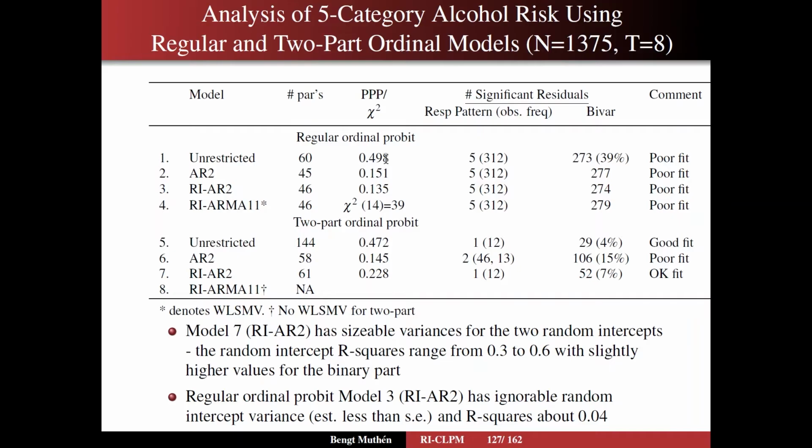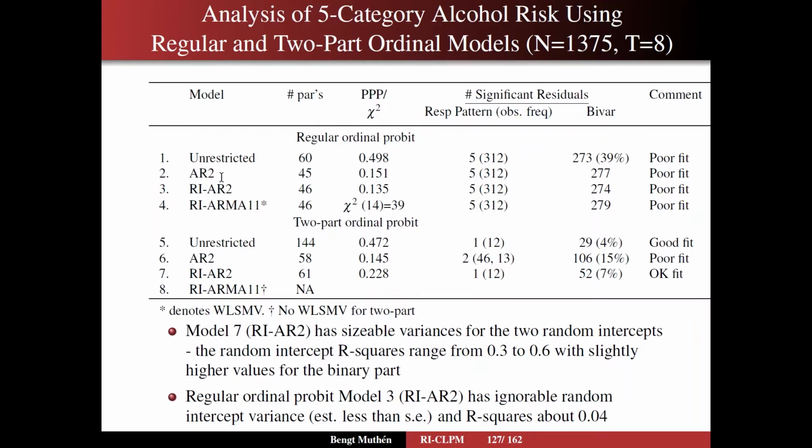But we have badly misfitting frequencies, response patterns in the bivariate tables. This is the most frequent pattern, and it's ill-fitting. And we have way too many cells in the bivariate tables that are poorly fitting. So here's a good example of a case where it's really important to show not only fit to the correlations, but also fit to the data.